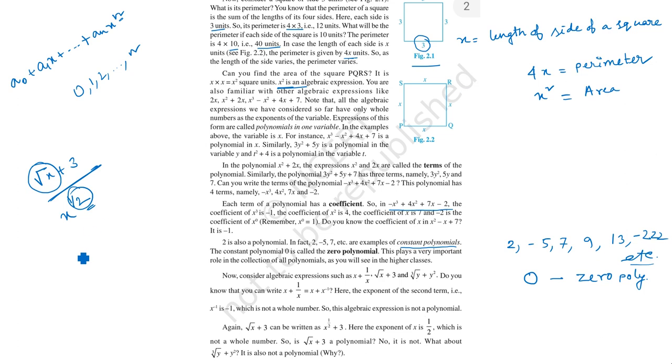If we take x plus 1 over x, it can be written as x plus x to the power minus 1. Here x to the power minus 1 is present, so it cannot be a polynomial either. These are not examples of polynomials. In the next video we will discuss the degree of a polynomial. Okay, all right.